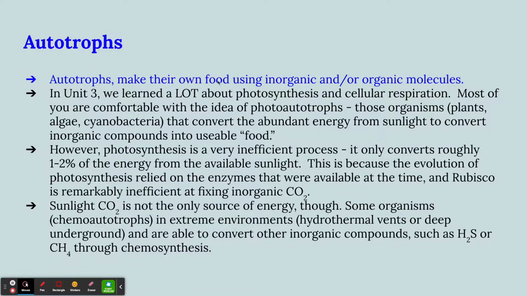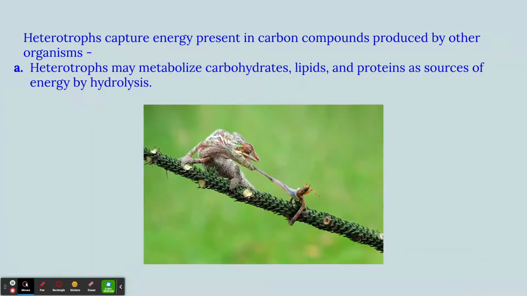So this is what I just talked about. We learned a lot about photosynthesis and cellular respiration. The big thing with autotrophs is, again, just understanding they are making their own food either through sunlight and organic molecules or inorganic molecules. Heterotrophs, on the other hand, are going to metabolize our main macromolecules.